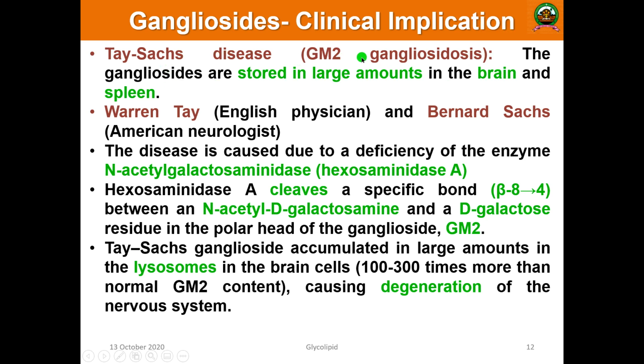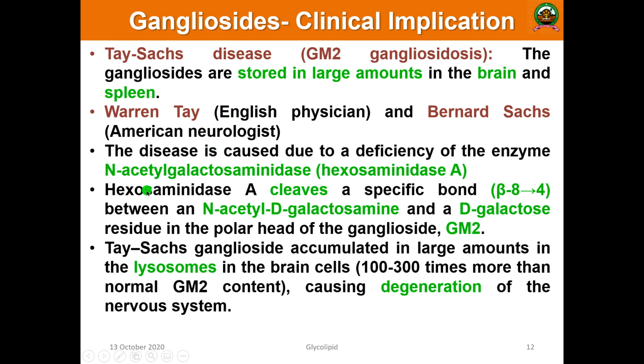The GM2 gangliosides are stored in large amounts in the brain and spleen, which leads to GM2 gangliosidosis or Tay-Sachs disease. This was first identified by an English physician called Warren Tay and an American neurologist called Bernard Sachs. So that is known as Tay-Sachs disease.